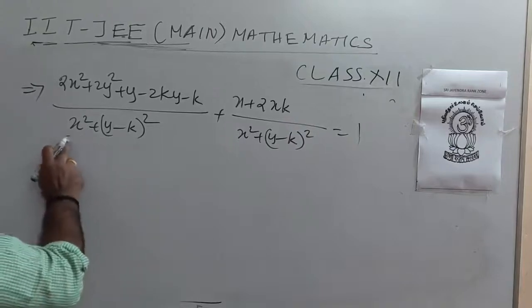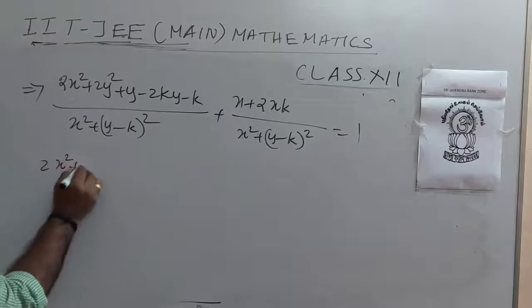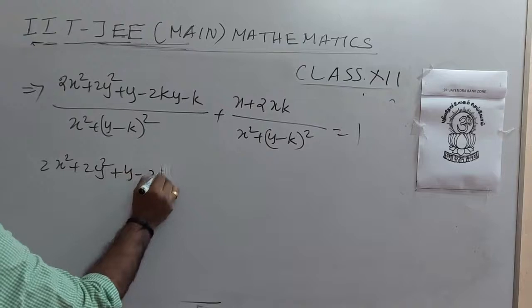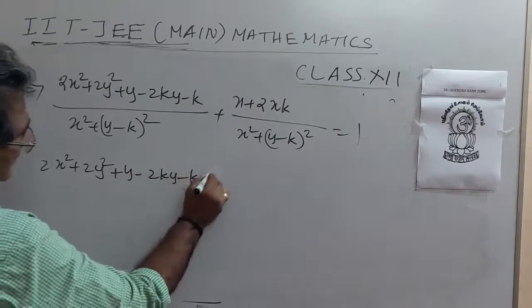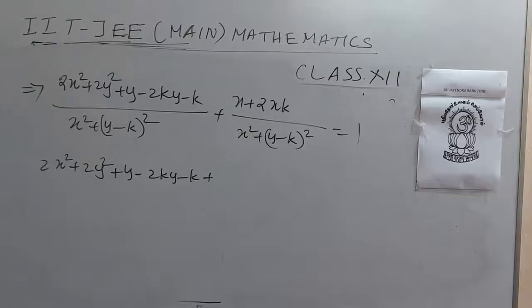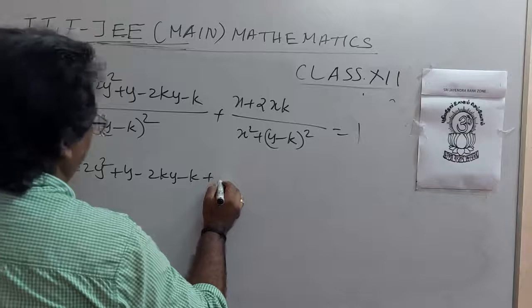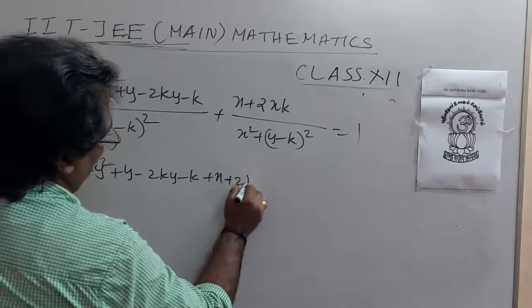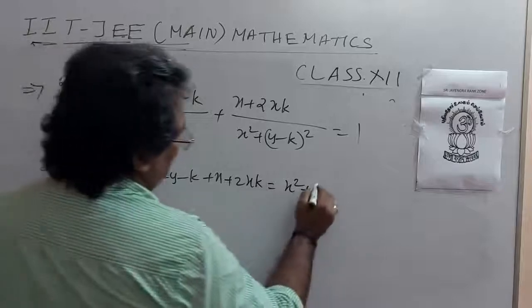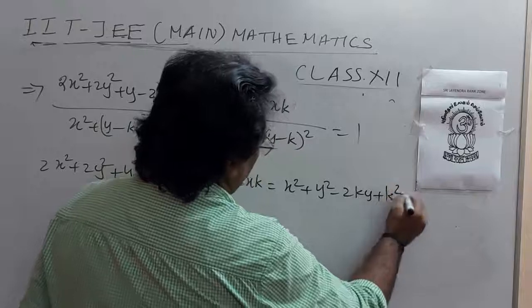So multiplying throughout by this denominator: 2x squared plus 2y squared plus y minus 2ky minus k plus x plus 2xk equal to x squared plus y squared minus 2ky plus k squared.